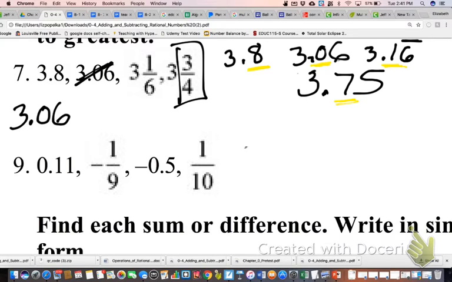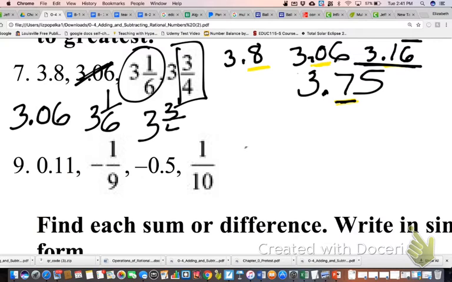Then the next smallest one is the 3.16, but we're going to write it in the original form, which was 3 1/6. Then the next smallest one is one that has a 7 in that, so that's 3 3/4. And last but not least is the 3.8.